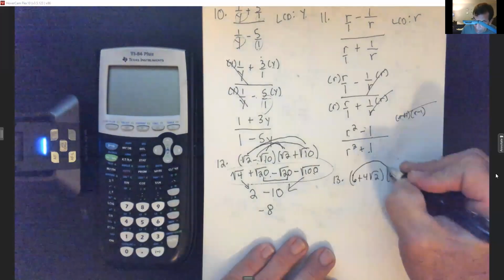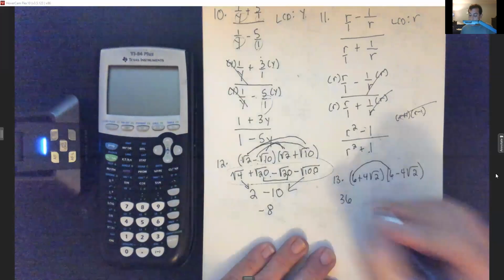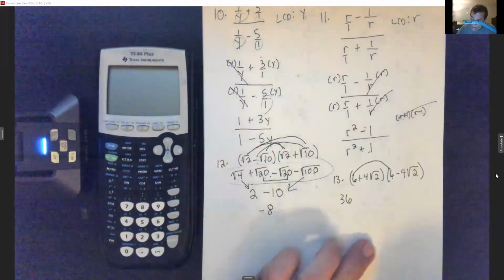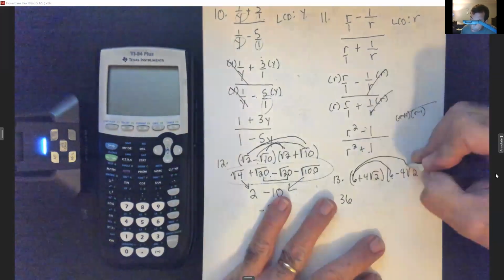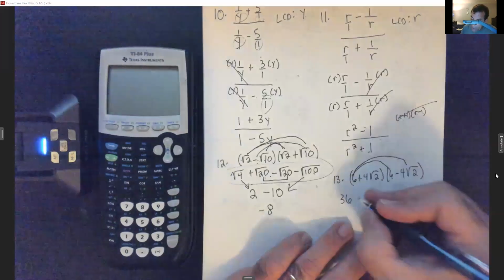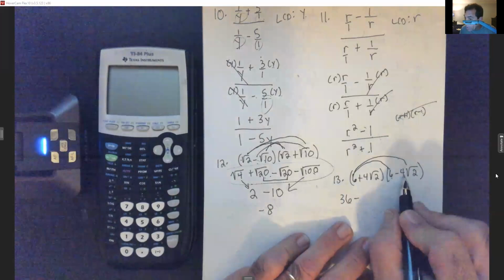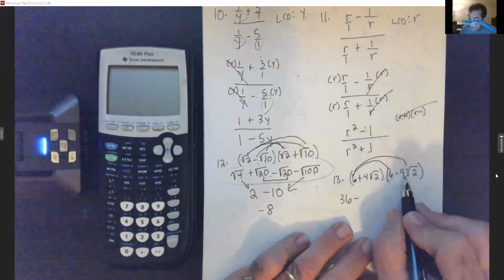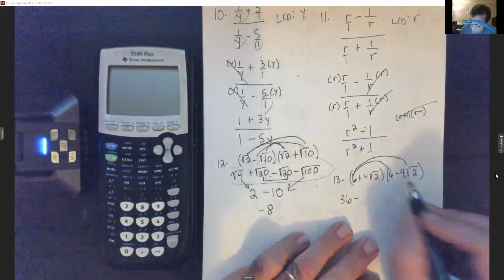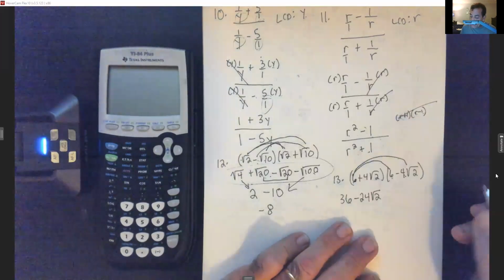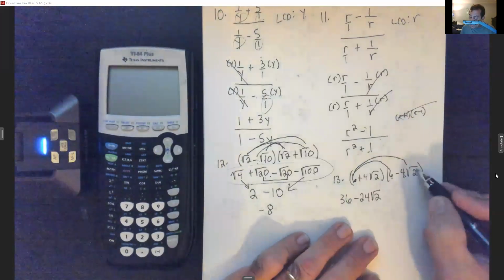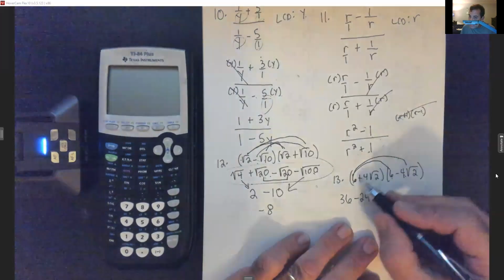So 6 times 6 is 36. Now I got a 6 times a negative 4 square root of 2. That's going to be a negative. The 6 can only multiply by the 4 because it's outside, and it can only multiply by the outside number. So 6 times 4 is 24 square root of 2. The square root of 2 stayed the same because there was nothing under a radical on this side, okay?